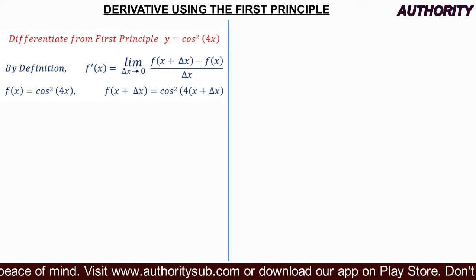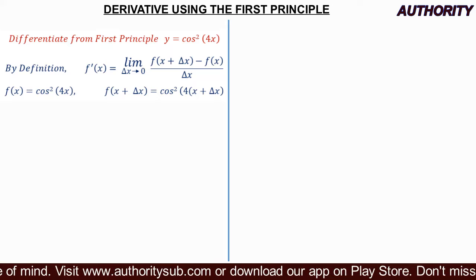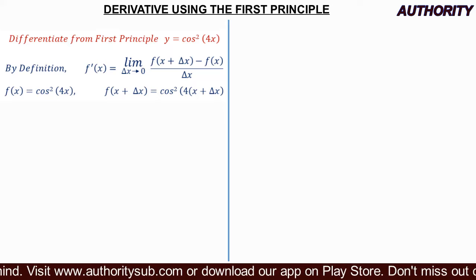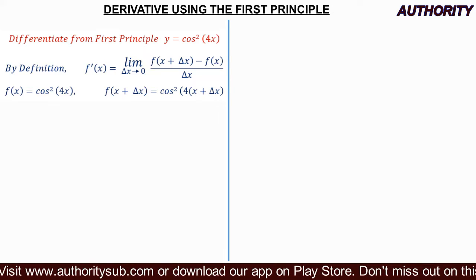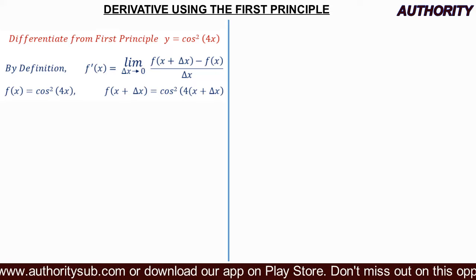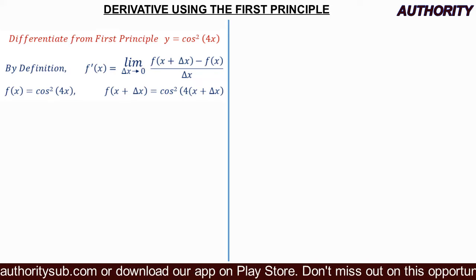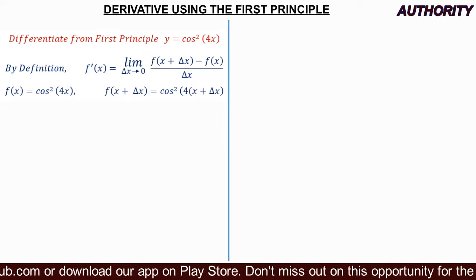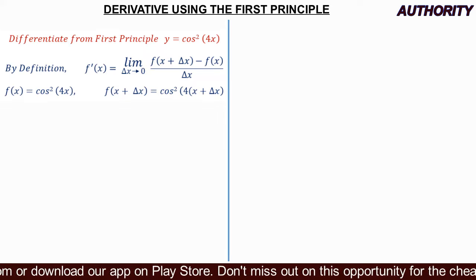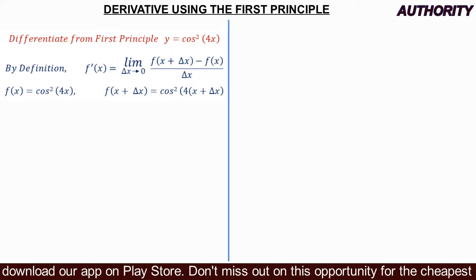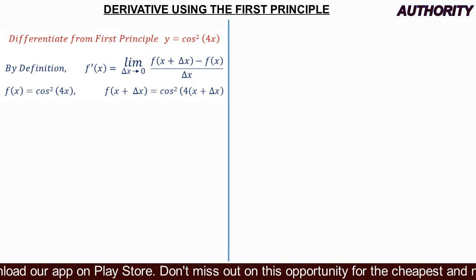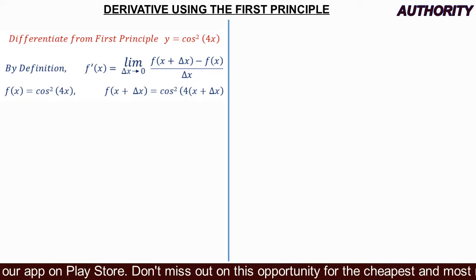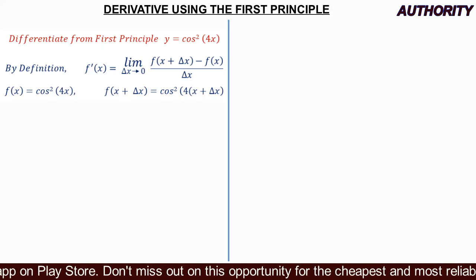Are we together? So here we have f of x plus change in x is equal to cos squared 4, and in place of x now we write x plus change in x. Then you can also use this 4 to open the bracket, so that means we are going to have 4x plus 4 change in x. So here we have defined f of x and f of x plus change in x.